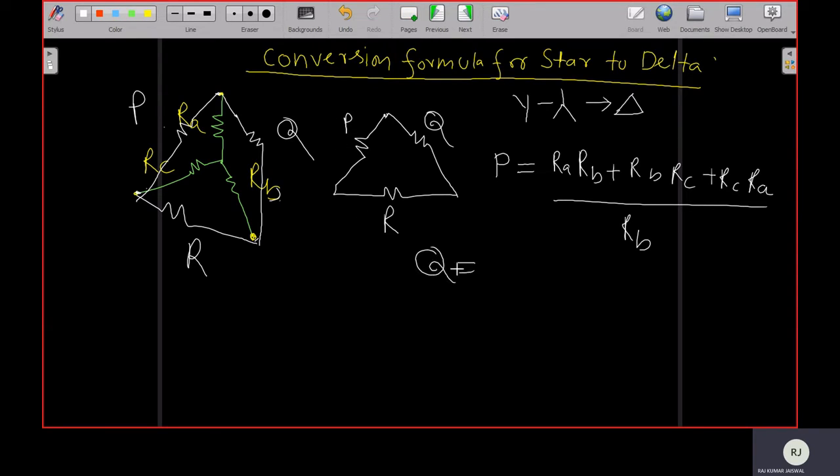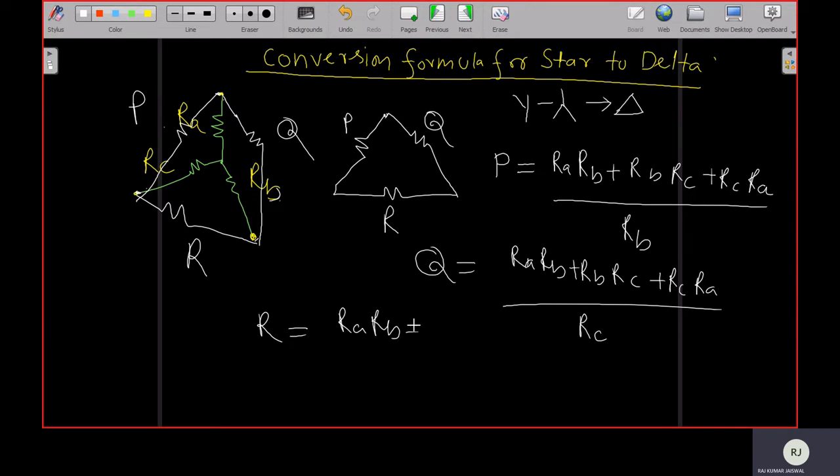What is the Q value? For Q, the numerator portion will be the same: RA RB plus RB RC plus RC RA. Which branch is not touching? Q touches RB and RA, and it is not touching RC, so we divide by RC. What about R?